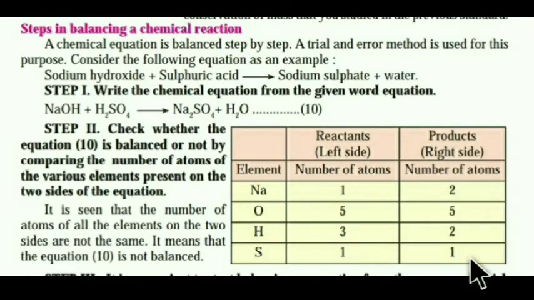Then sulfur is 1 atom on both sides. But sodium and hydrogen are unbalanced, so equation number 10 is not balanced. We have to balance this reaction in the next step.